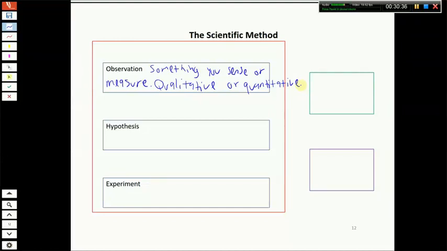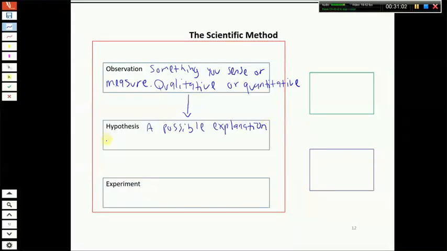And then from that observation, you develop a hypothesis. Now, a hypothesis is a possible explanation. It's not usually totally off the wall. It is based on some sort of preconceived knowledge that you have, or in the case of an observation, what you're sort of noticing from the observation. So it's not just a total wild guess, but it's a possible explanation for that observation.